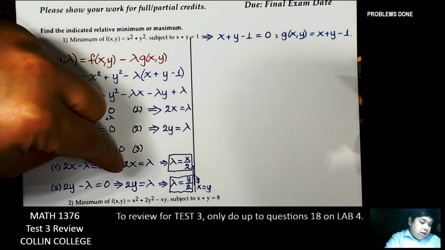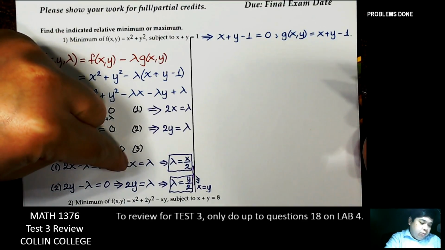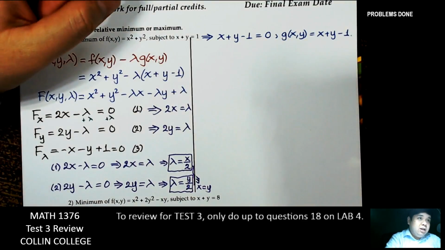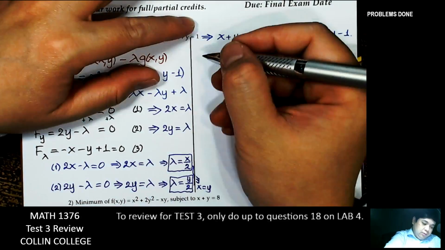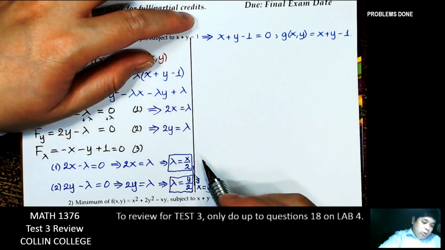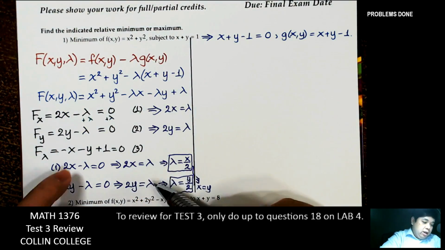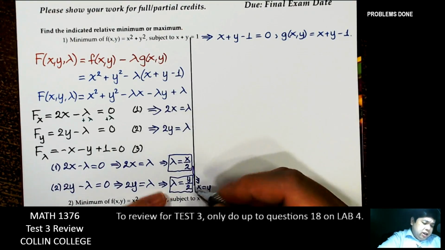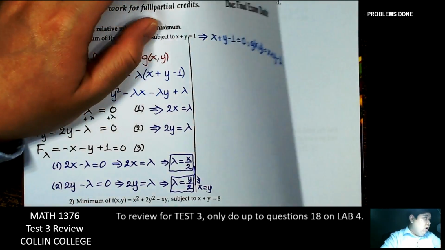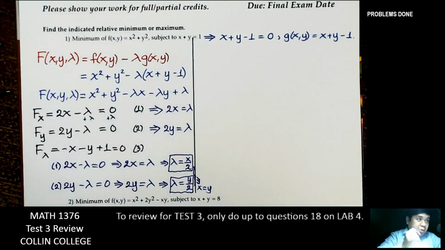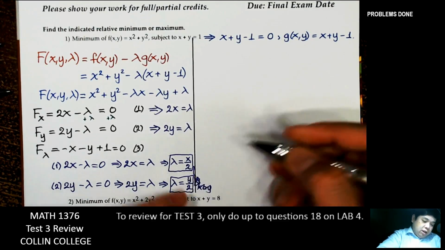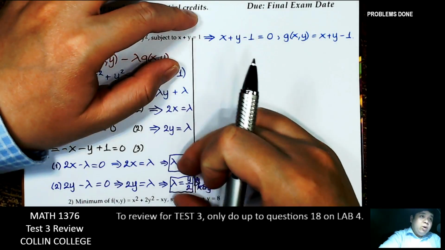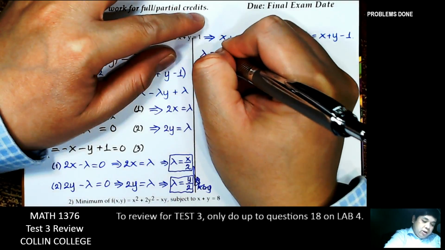Another way to do that is we solve for x and we solve for y and substitute into this equation to find lambda. But as we go along, I'll do a different method. It looks like we have x equal to y here. I should say both of them equal to lambda, so we make them equal to each other.